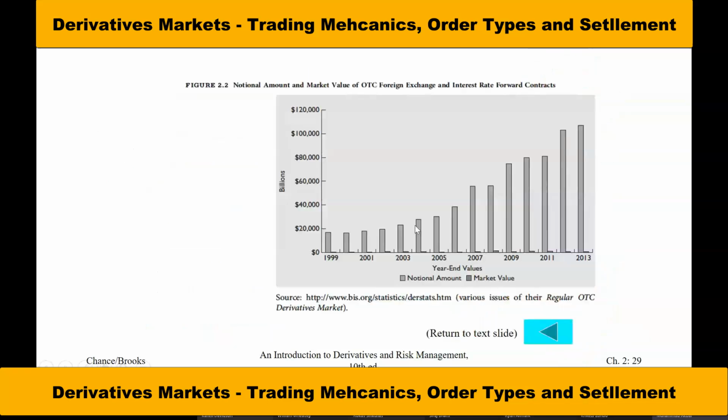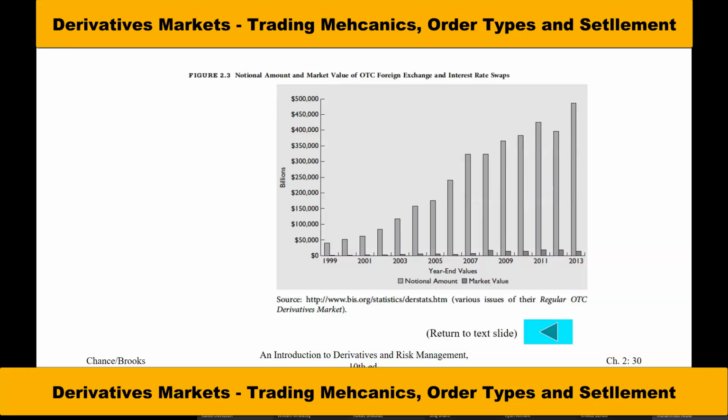These are just graphs that show the notional value of the OTC markets, which have seen significant growth over the last 20, 30 years. You can see how the notional amount and market value of the OTC foreign exchange and interest rate forward contracts have gone up. So it's billions of dollars. And then this is the swap market, and you can see it's nearly 4 times what the forward market is.